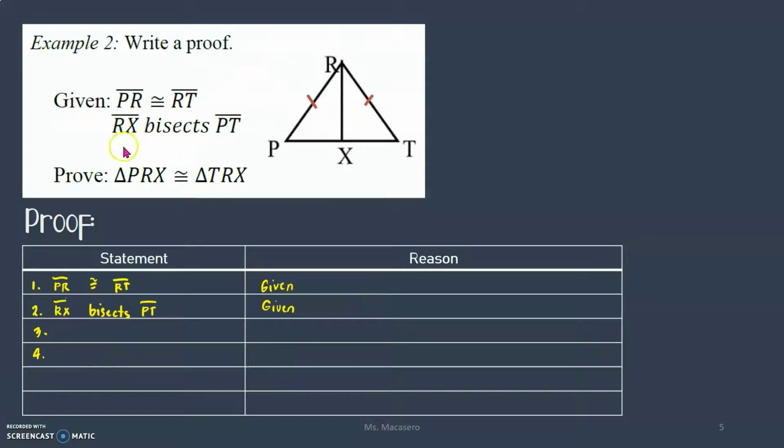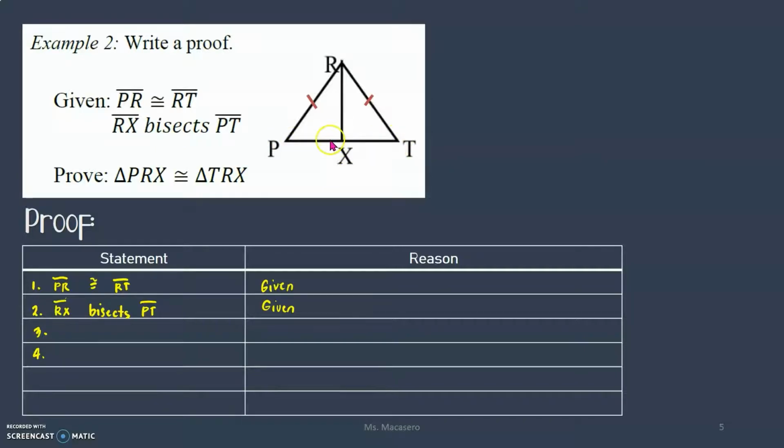Next, let's understand our second given. Segment RX bisects segment PT. So if segment RX bisects segment PT, we know that X is the midpoint of segment PT.